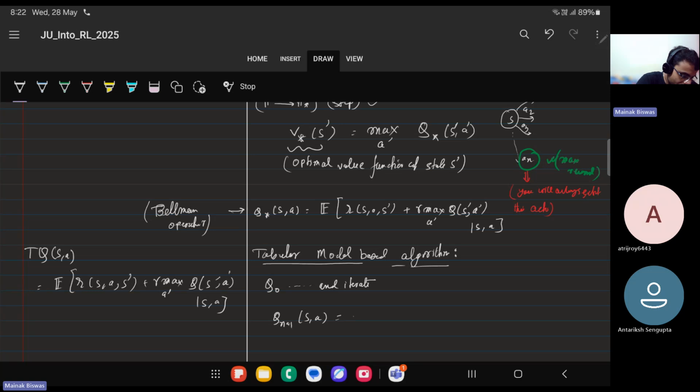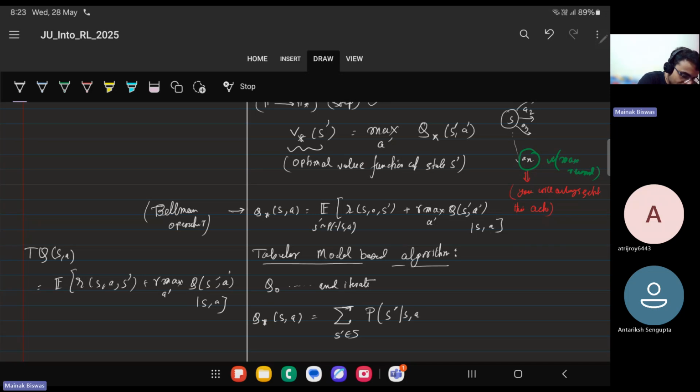But we can clearly write this as, so first let us write out the Q star expression. Let us write it down in terms of a summation. We know the model. Therefore, the summation is over all S dash in the state space. As you can see, this is the only random variable that is there.